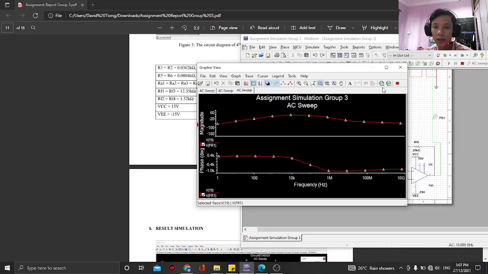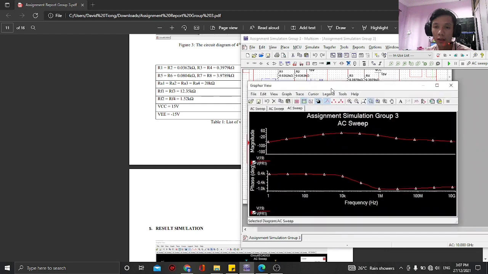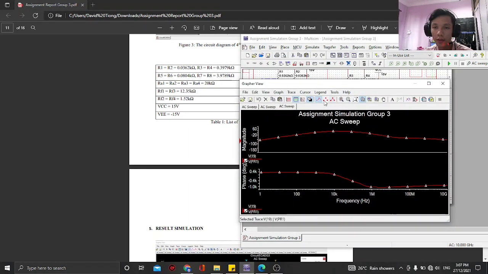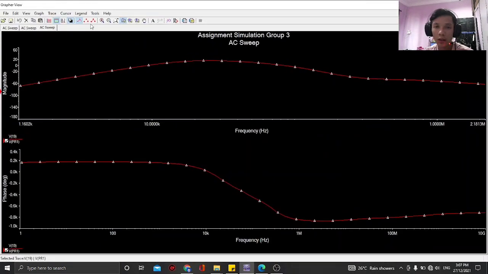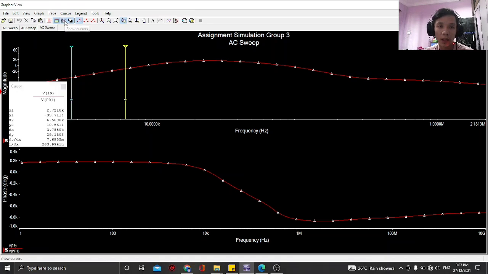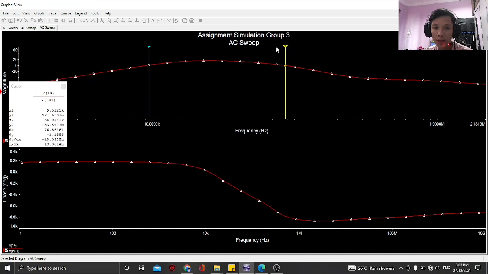We get this simulation result, and we add the questions to show. Question 1 is to show the low cutoff, and question number 2 is to show the high cutoff. So we adjust it.